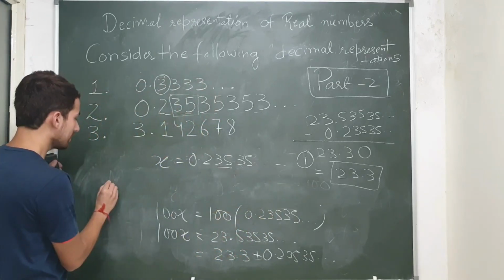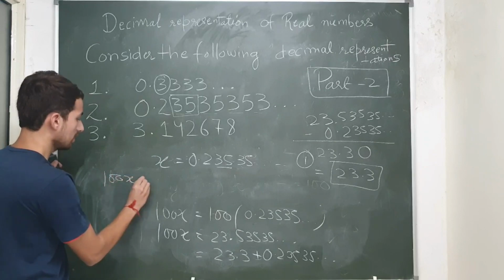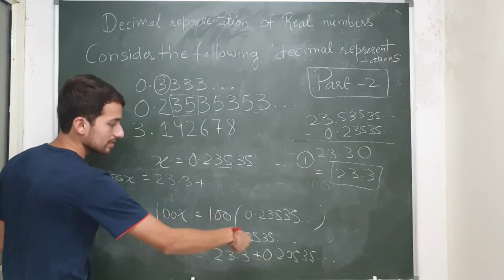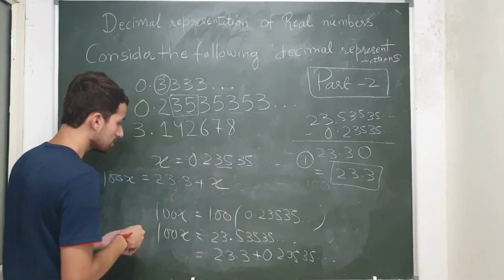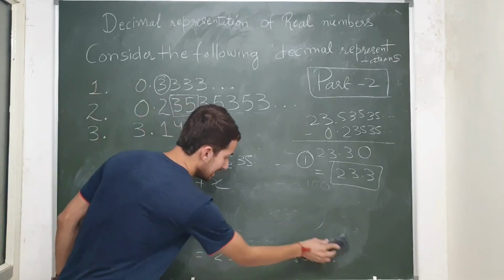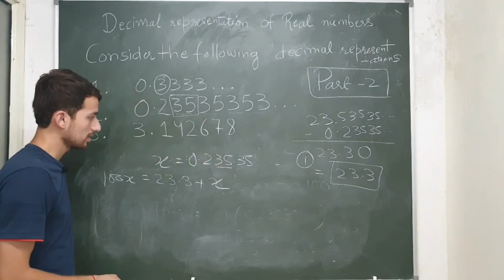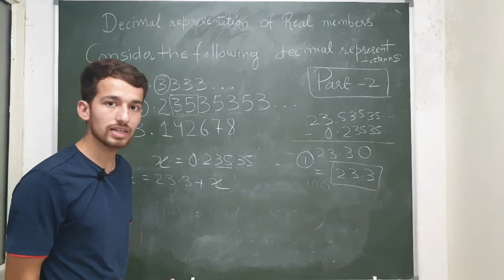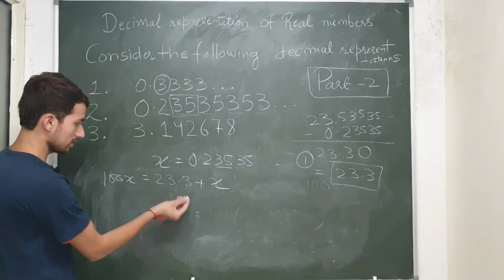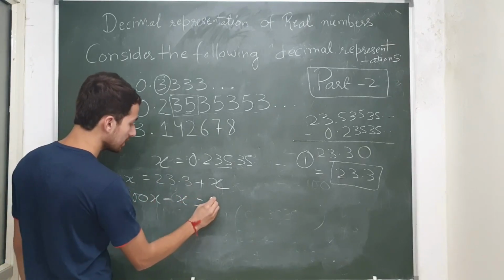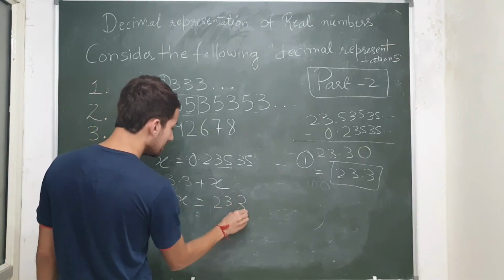The left hand side quantity which we have now is 100x equals 23.3 plus this, and this is your x. So you can now easily solve this equation for the variable x. Subtract x by taking it on the left hand side, you get 23.3.